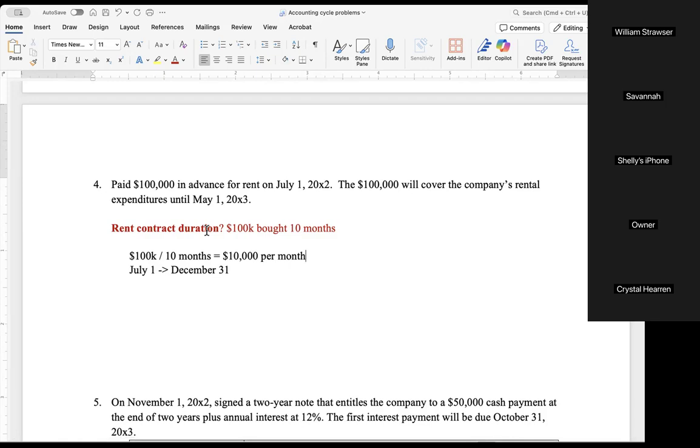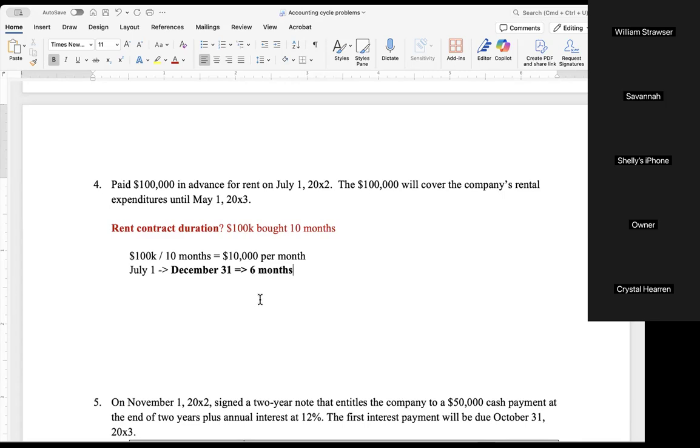It's at the very top where it says make adjusting entries for December 31st. As I was telling you, it's always going to be a year's adjustment. The fiscal year end for the company will always be December 31st. So if we're going July 1st to December 31st, how many months is that? Six. Six months.